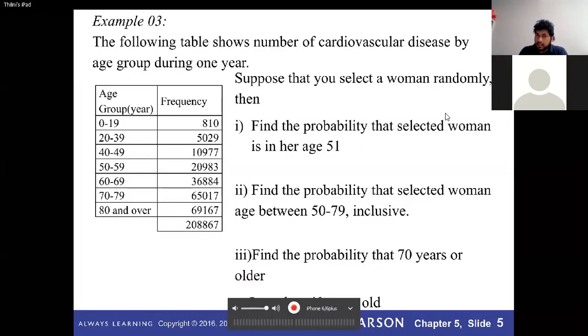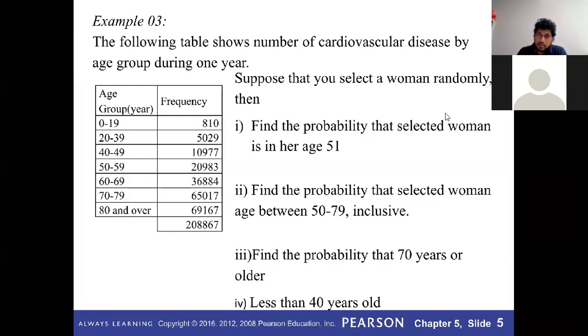Okay, sorry for that. Before we talk about question number 1, let's do this example. Using this example, I can explain the first few questions in your review. The following table shows numbers of cardiovascular disease by age group during 1 year. Just focus on this table.